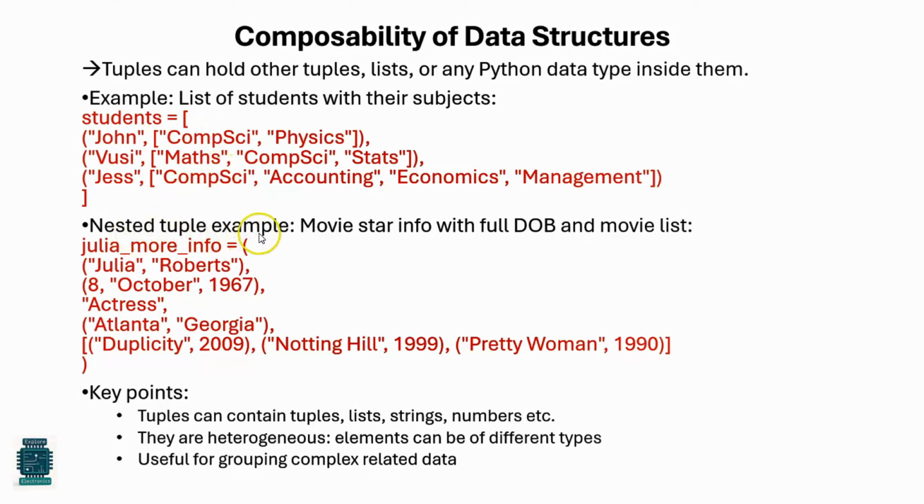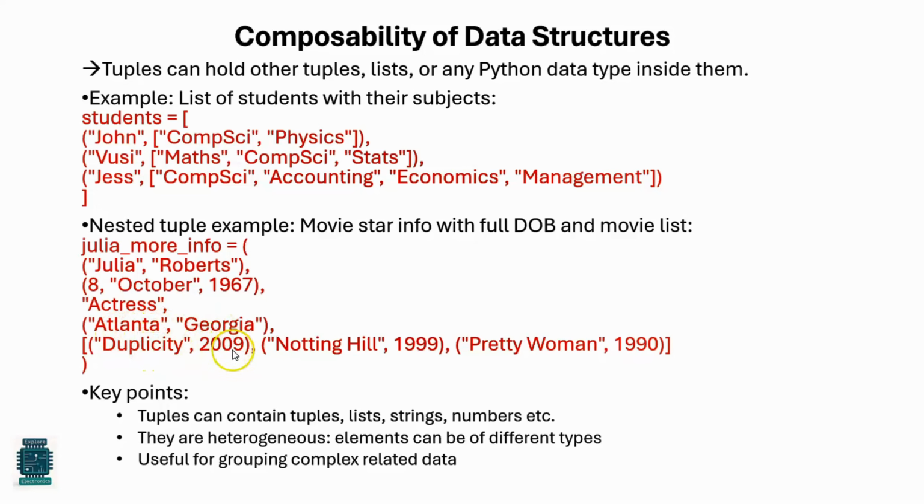And now a nested tuple example. Let us see an example for nested tuple. Movie star information with full date of birth and movie list. Let us see. Julia, more information here. Julia Roberts, 8 October 1967, Atlanta, Georgia.